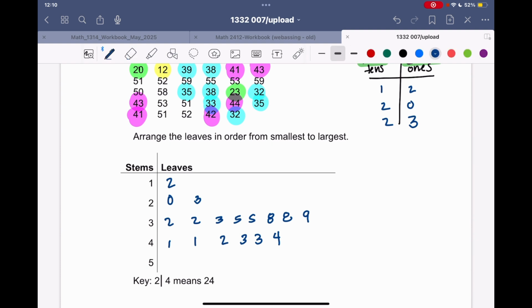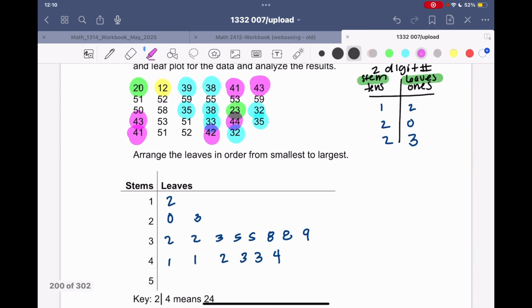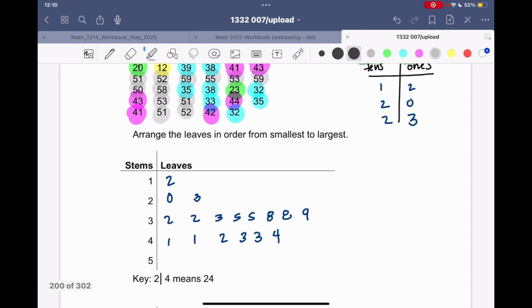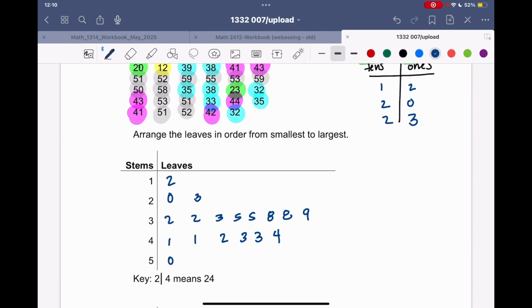And then we look at our 50s. We want to put those in order. I'm still going to highlight them. Okay. And we want to make sure that all of our numbers in our sample are accounted for. So I have a 50. I have a 51, I have 3 of those.